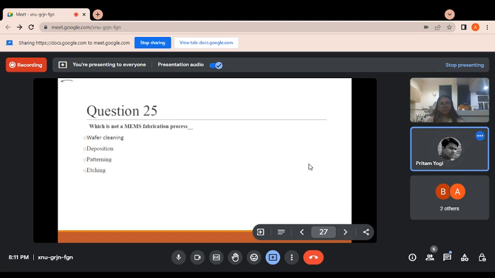And the next question is, which is not a MEMS fabrication process? First option is wafer cleaning, second option is deposition, patterning, then etching. Cleaning. Why cleaning? You already said that there are three main steps: deposition, patterning, and etching. Okay, three main stages, but why is wafer cleaning not a MEMS fabrication process?